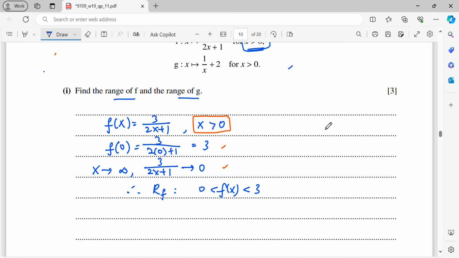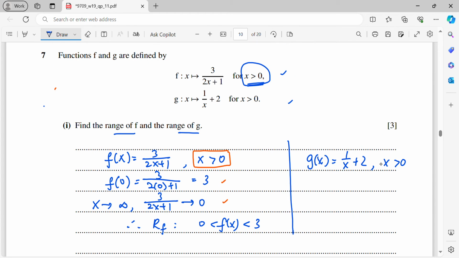Okay, now for g(x). For g(x), that is 1 over x plus 2, and then x is greater than 0. Alright, so now here, when you look at the 1 over x graph, this is y, this is x, here is 0. This is y equals 1 over x.